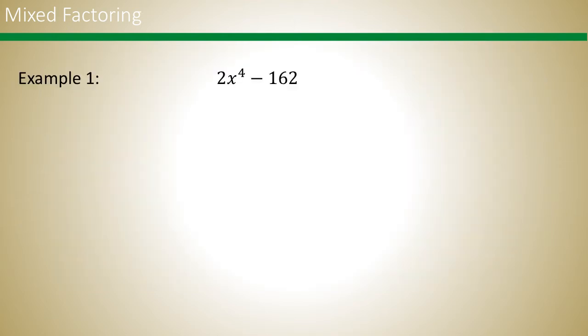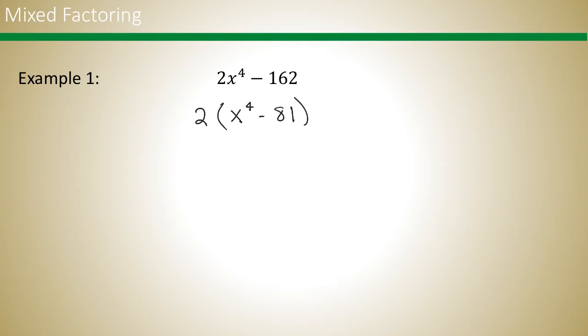All right, so the first example. The first thing we want to do is look for a common factor, and these do have a common factor. I can divide both of these by 2. So we pull that out: 2 times x to the 4th minus 81. Now that I have 2 terms, I'm going to look to see if this is a difference of squares.